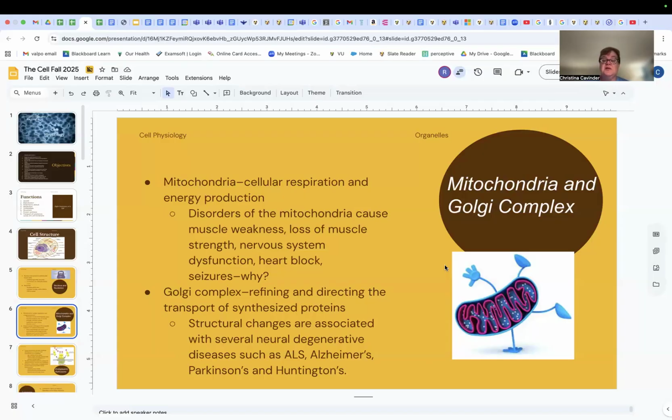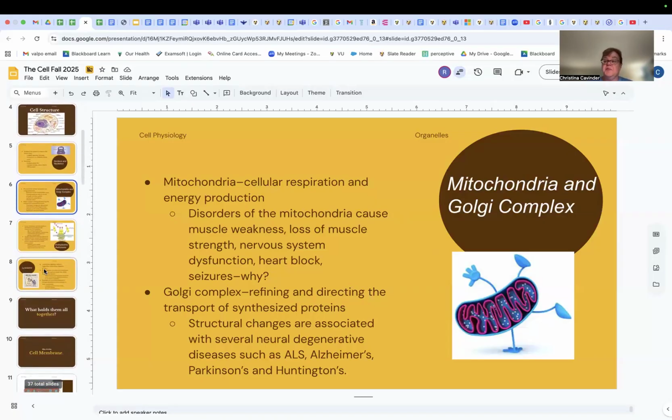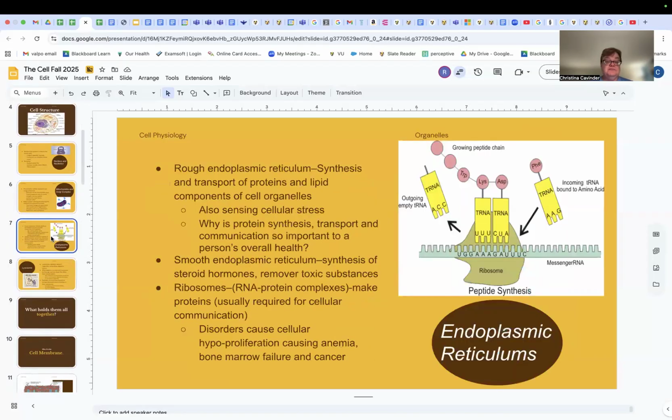And this means that you're not making the protein right, or it's not getting to where it needs to go. So structural changes are associated with neurodegenerative diseases, several of them. ALS is one of them, Alzheimer's, Parkinson's, and Huntington's. Those all have to do with the Golgi complex not working properly. We'll get into those diseases a little bit more when we talk about the nervous system.